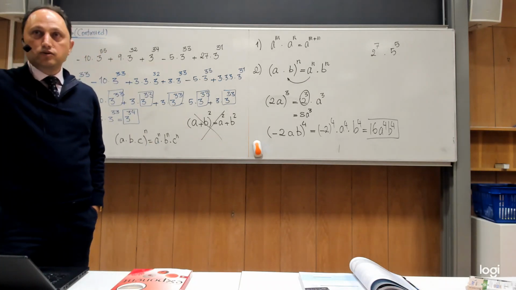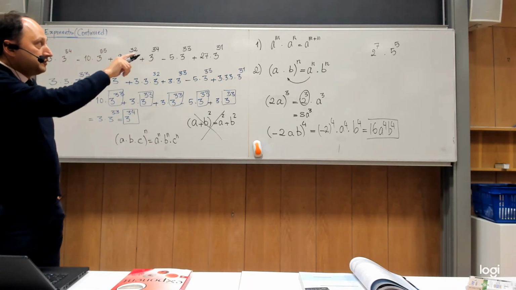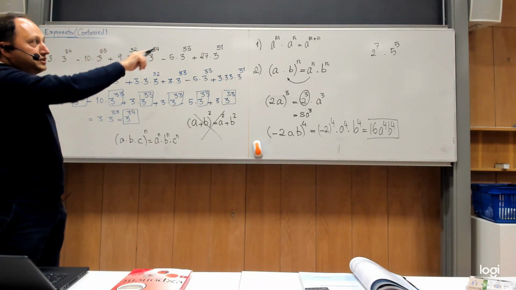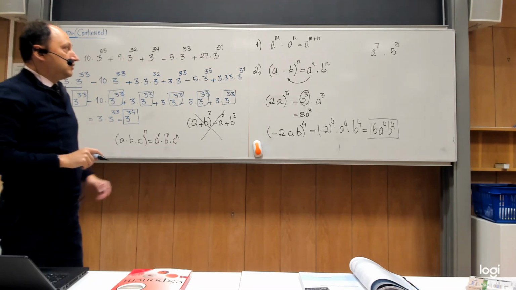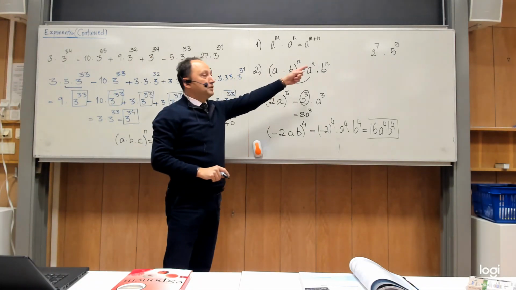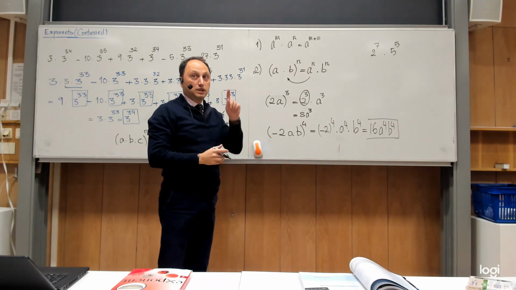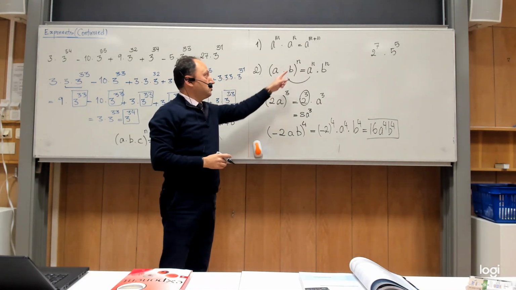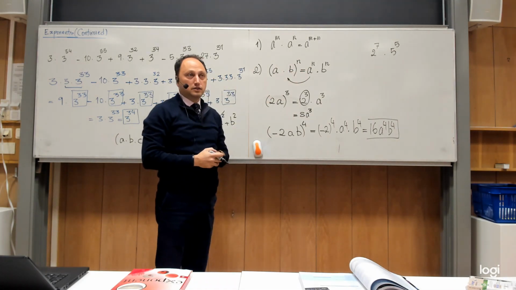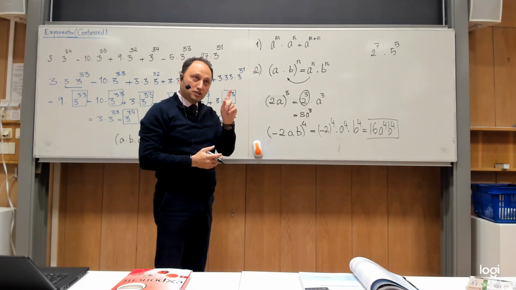So let me ask you questions one by one. First of all, look at the expression that I have written here. Do you think this formula is applicable in that context? Be careful, answer me. Is this formula applicable in that context? Yes or no? Of course it is yes, but not directly.